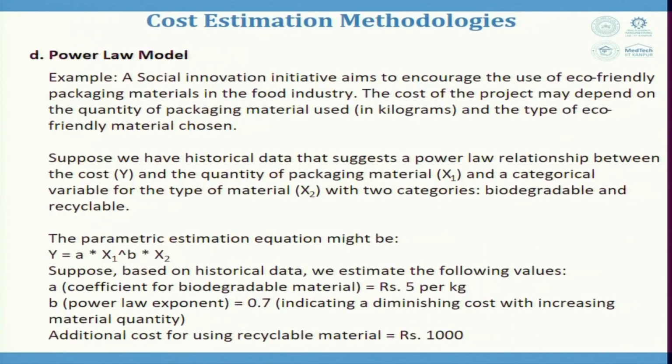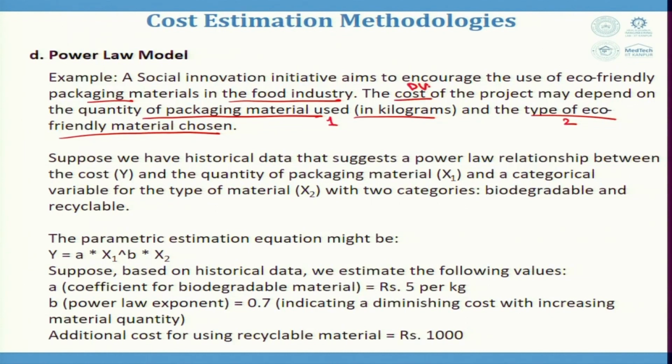In the power law model example, let us take a social innovation initiative that aims to encourage the use of eco-friendly packaging material in the food industry. The cost of the project may depend on the quantity of packaging material used, in kilograms, which is the first factor, and the type of eco-friendly material chosen, which is the second factor. We need to determine what?